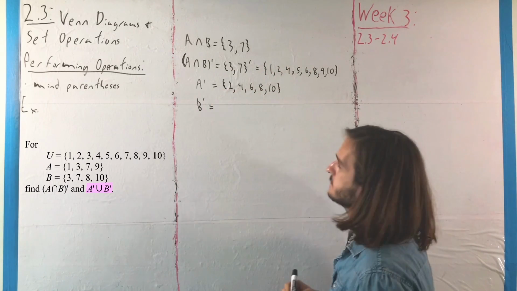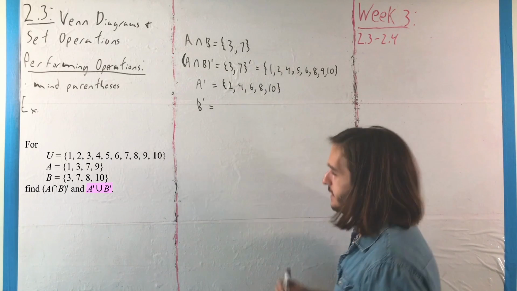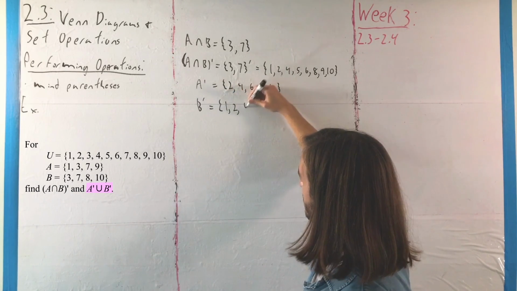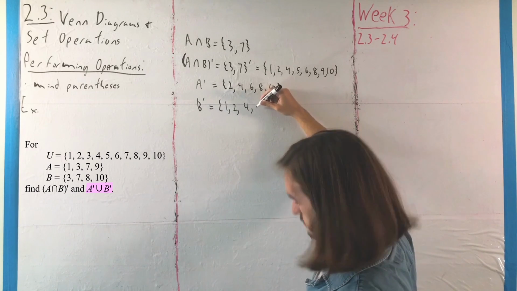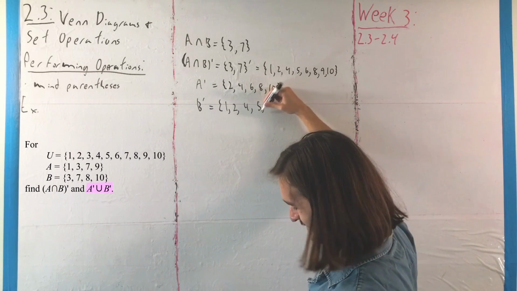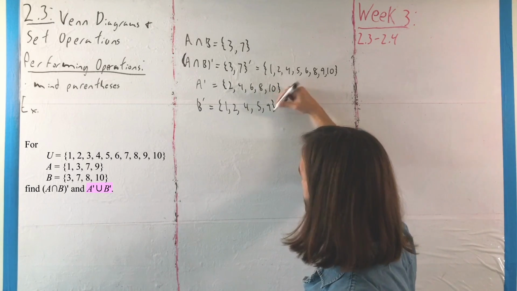While B complement isn't quite so obvious, that ends up being the little clump of 1, 5, and 9.